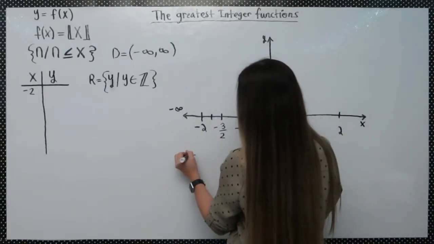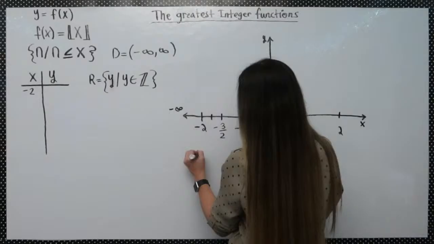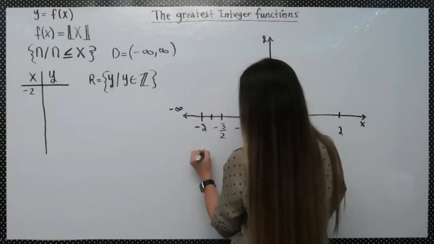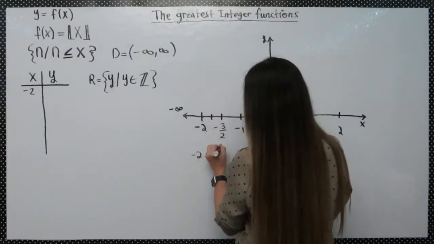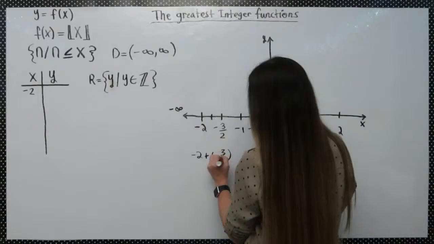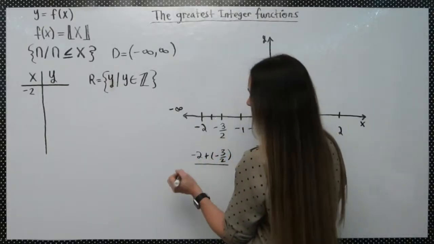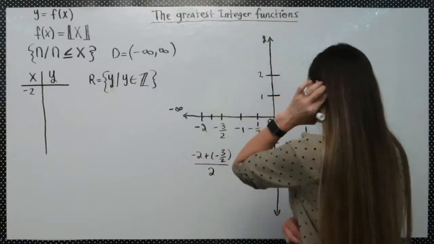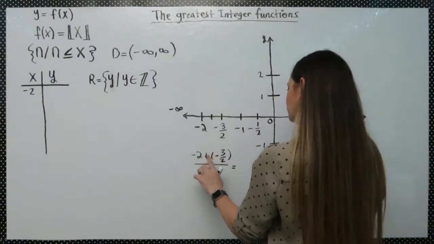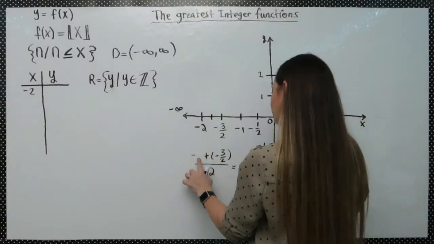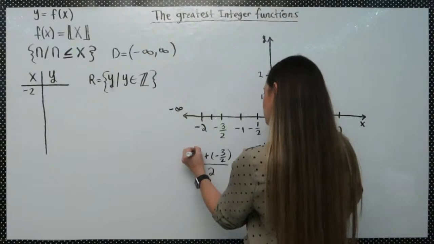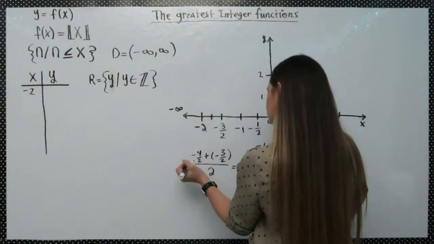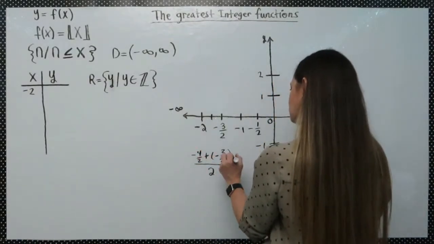So you've got -2 plus -3/2. This is what I love about math, that you always have to get off on these little tangents and figure things out. To change this one into an improper fraction real quick, I'm just going to say 4/2. And then that's going to be 7/2.